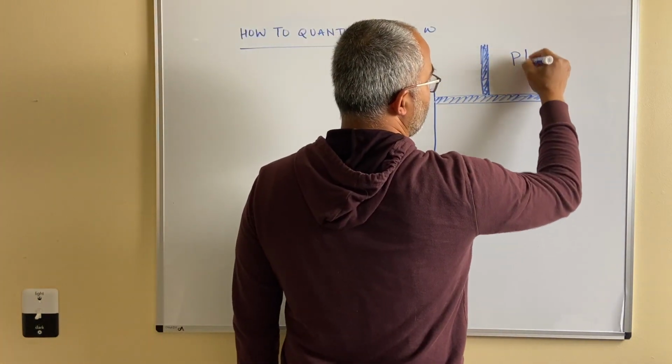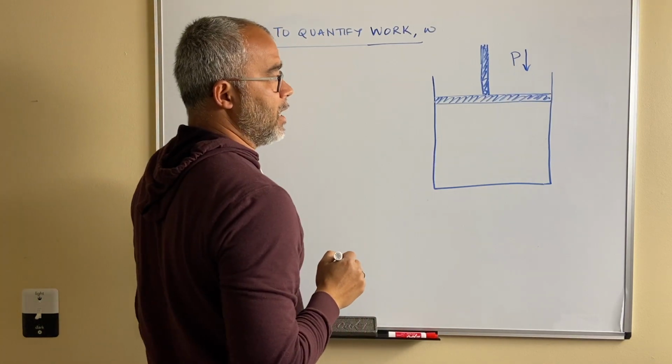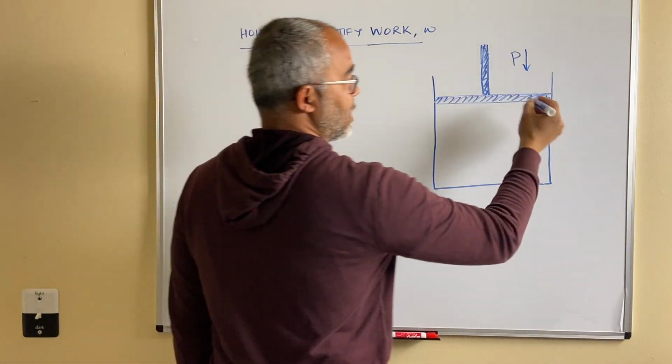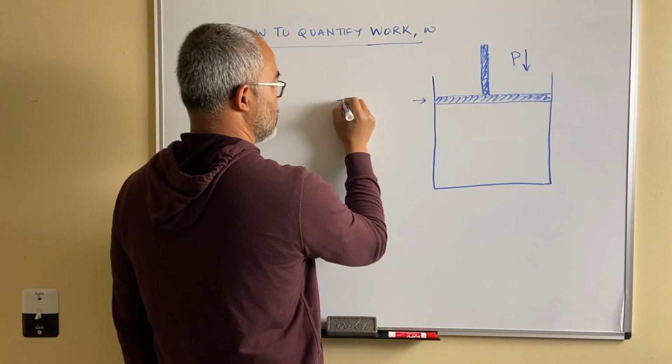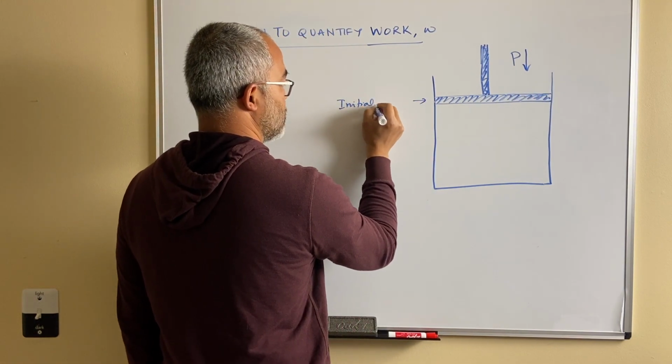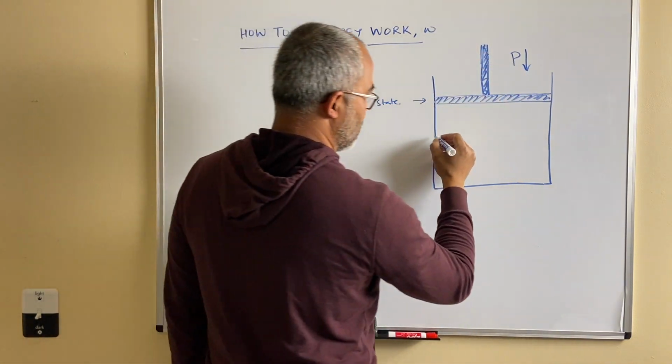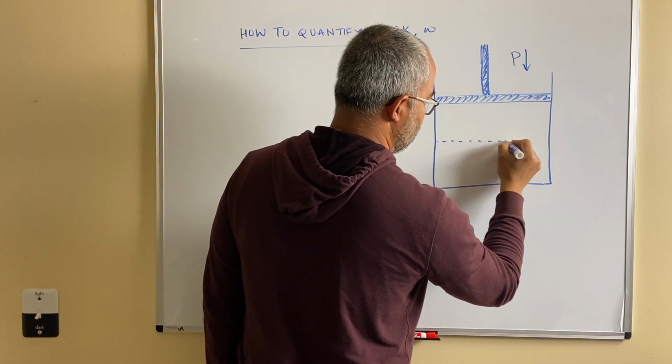So let's call the pressure P. It's pushing the piston down, and that's my initial state. And the final state is the piston moves down. So let's say the piston ends up here.